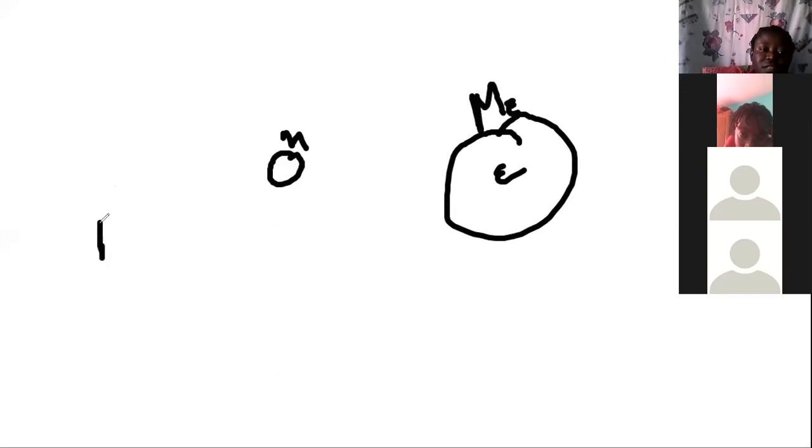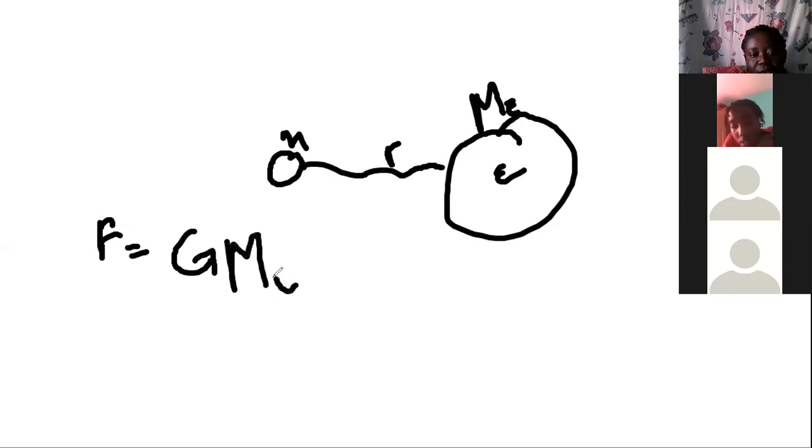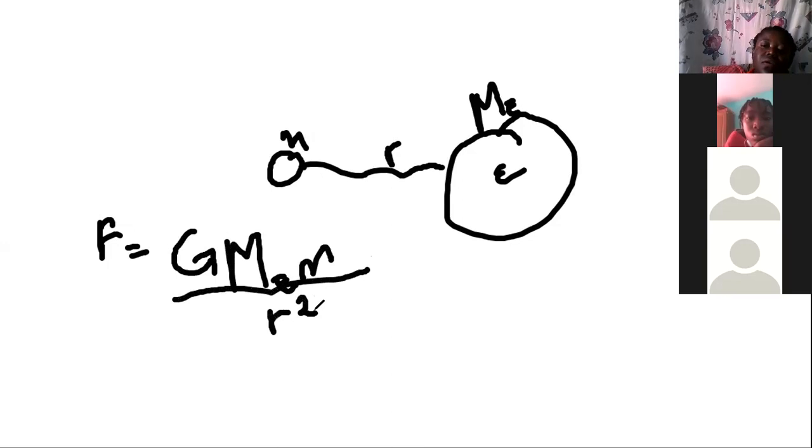If these are separated by the radius r, then the force on this particle due to the Earth equals the gravitational constant times the mass of the Earth times the mass of the particle, remember it's always between two particles, divided by the distance r squared.